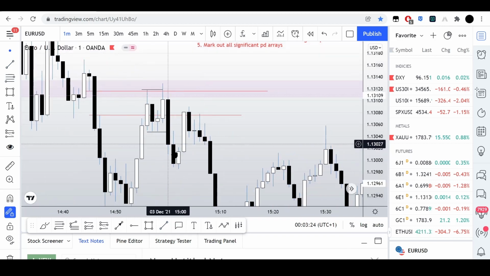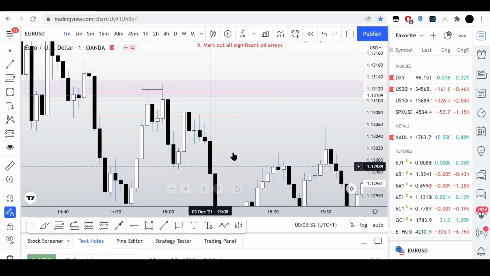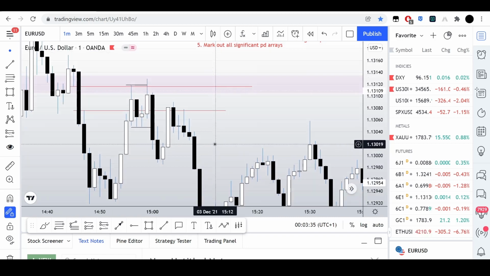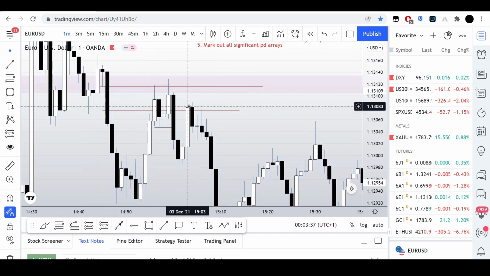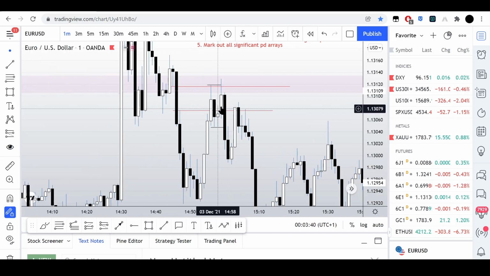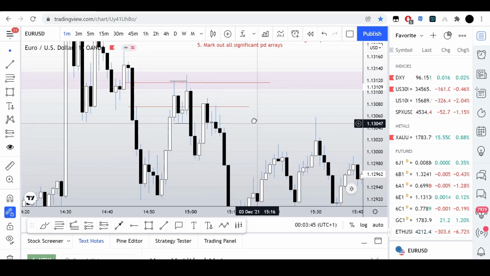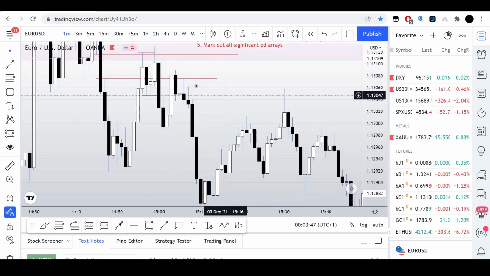It came up, came right into this order block, the threshold of the order block, dipped down, and broke down. If you didn't get this entry, this was your reaction. This was basically your confirmation right here. Now let's resume.